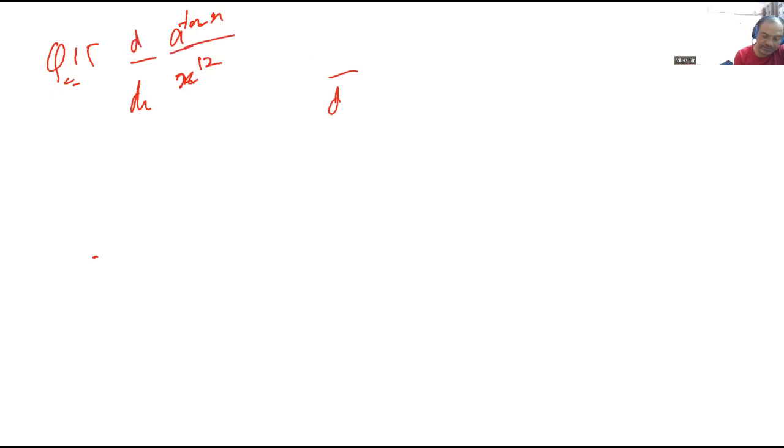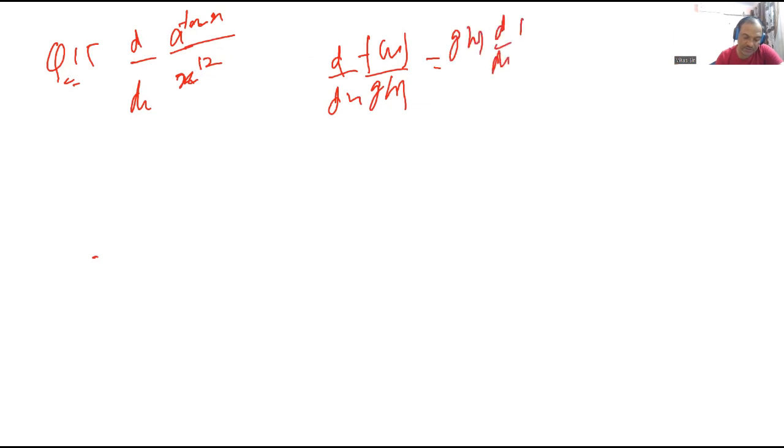Now what I was saying is that you are having d by dx of the quotient rule. This is d by dx of fx over gx. Here the same thing which we had to use in the case of the product rule. Now here you can see that you have to put gx as it is, and then you have to differentiate the fx, the numerator part, and you have to put a sign of minus, then fx, and then d by dx of gx.